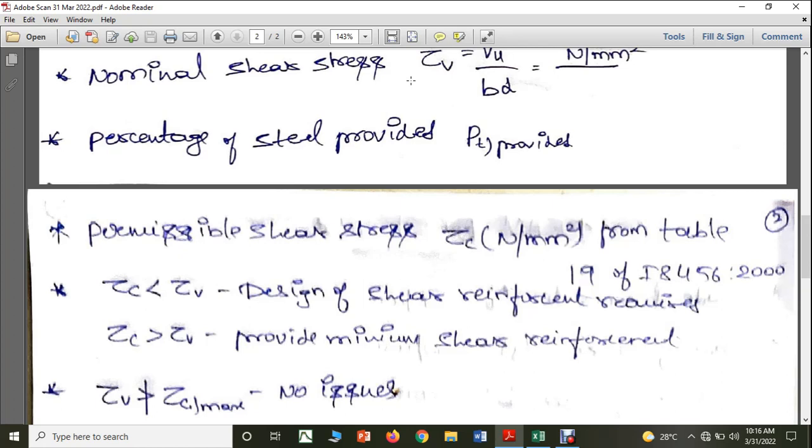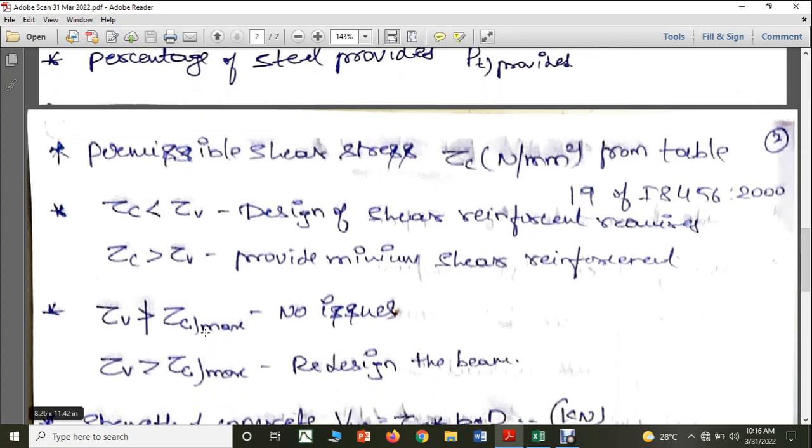Along with that, next to Table 19, in Table 20 you have the maximum shear stress value based on the grade of concrete, and your nominal shear stress at any cost should not be more than that. That is, your TOV should not be more than TOC max. If it is not more than TOC max, then your design is okay. If you get TOV greater than TOC max, it is not allowable because it leads to brittle failure of concrete. You are supposed to go for redesign of the beam.